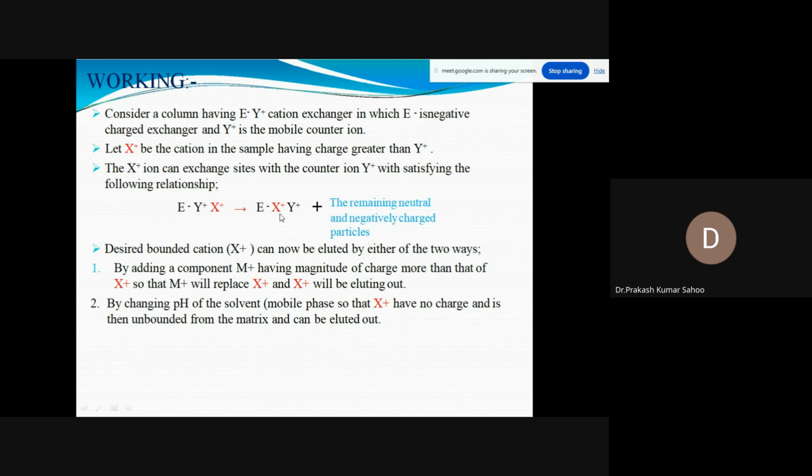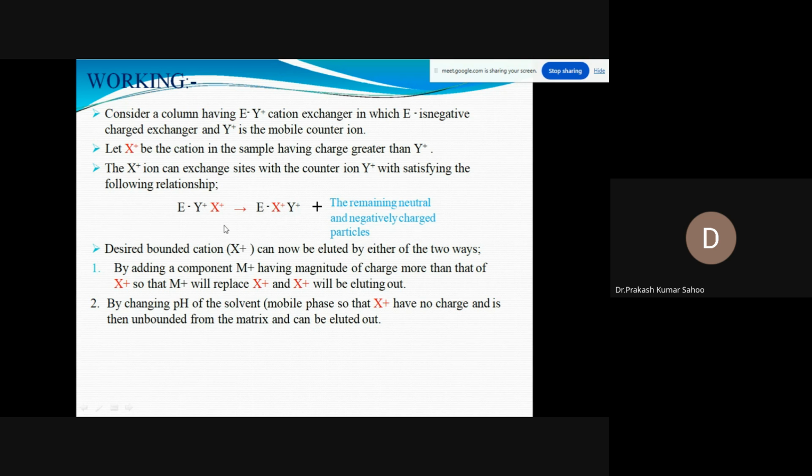If I exchange this complex with M plus, which has more positive charge than X plus, then X plus can be eluted out. Or, another way, if I change the pH of the solvent, depending on the mobile and the stationary phase, then accordingly your X plus can be eluted out.